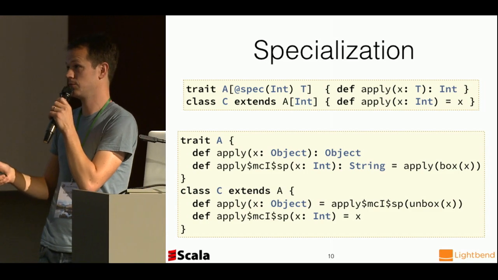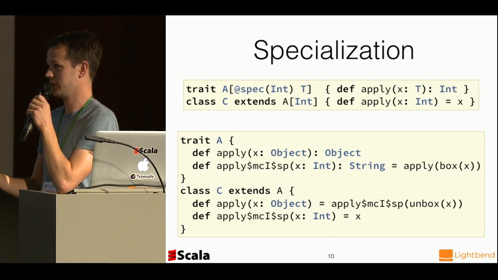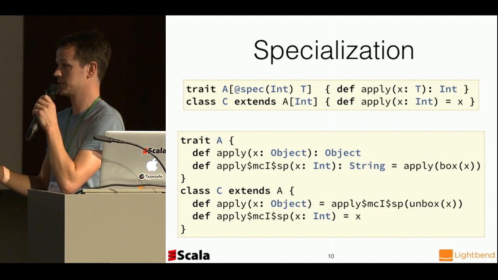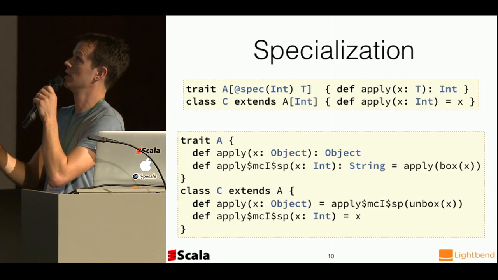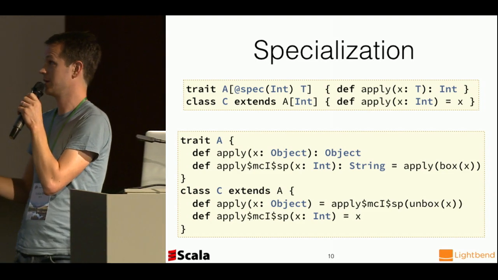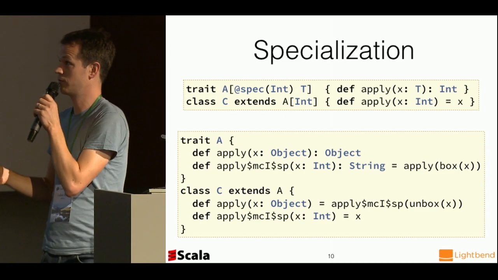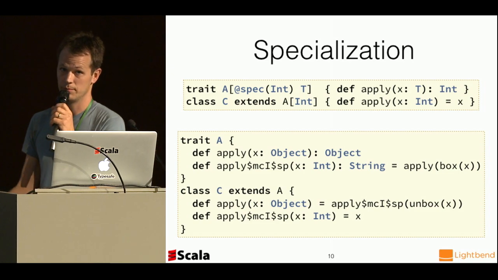The subclass C will actually override the specialized method, because in the class C we know that the argument here is always an int, right? So it will override the specialized method, and then it also implements the abstract method by forwarding to the unboxed version.